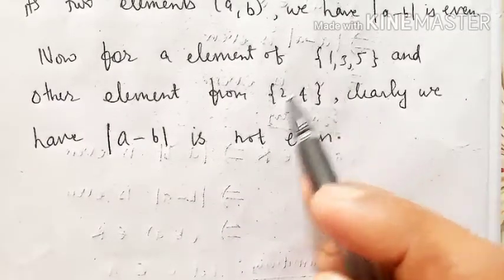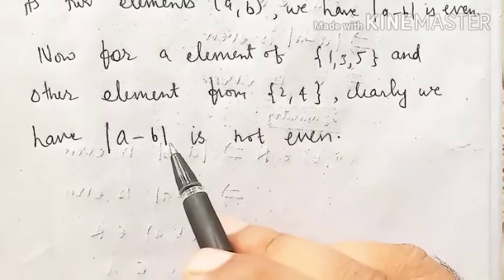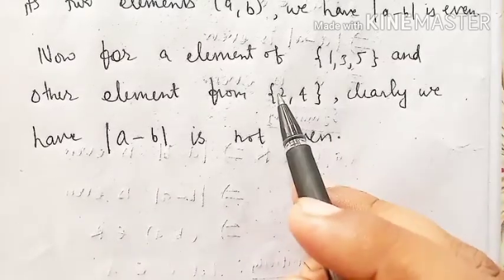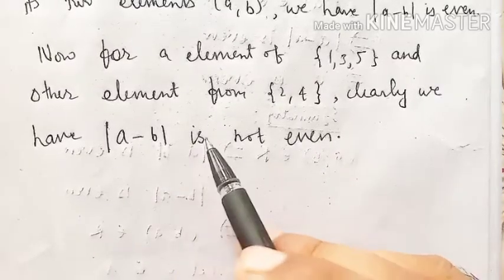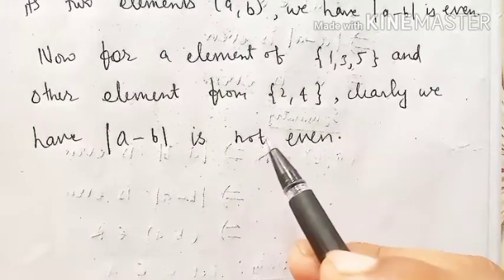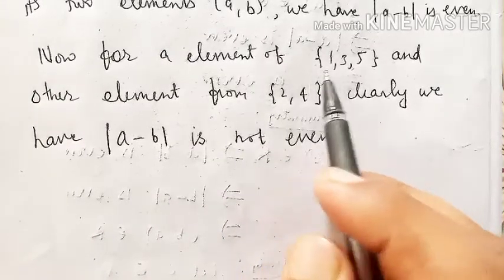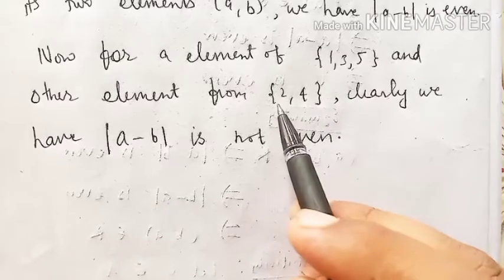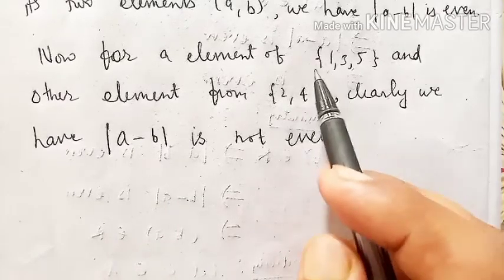You can check: if you take a = 1, b = 2, then mod 1 minus 2 is 1, which is not even; 3 minus 2 is 1, not even; 5 minus 2 is 3, not even. So no element of this set is related to any element of this set.